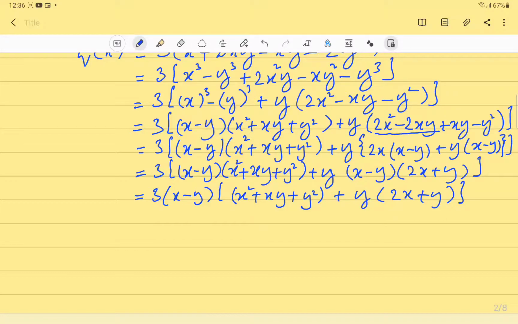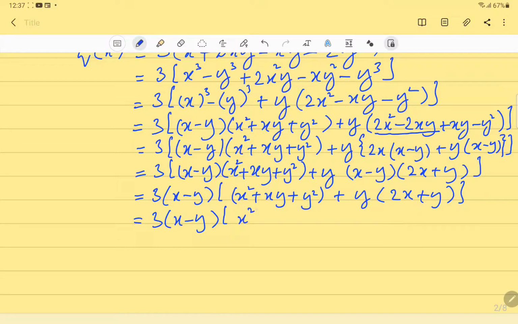Right? Now we will simplify inside the bracket. How will we do it? We will open all the brackets.